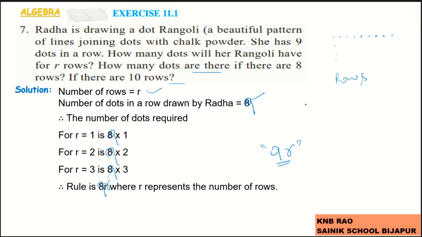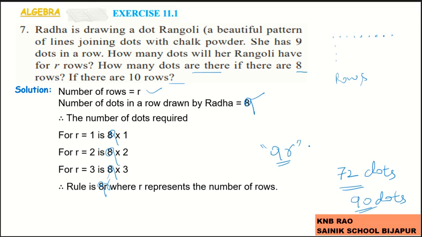Then if the number of rows is 8, then 72 dots will be there, and if 10 rows are there, then 90 dots will be there.